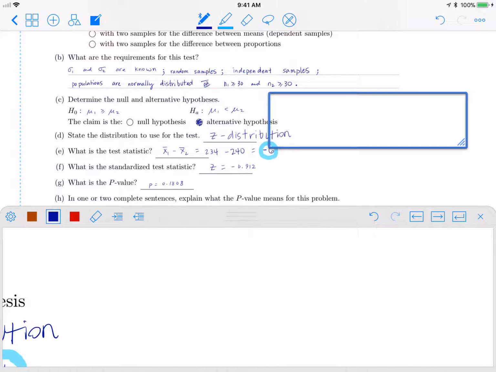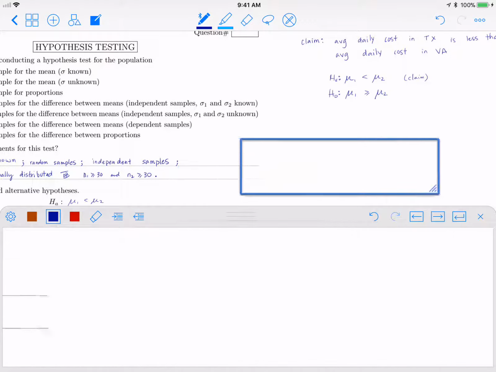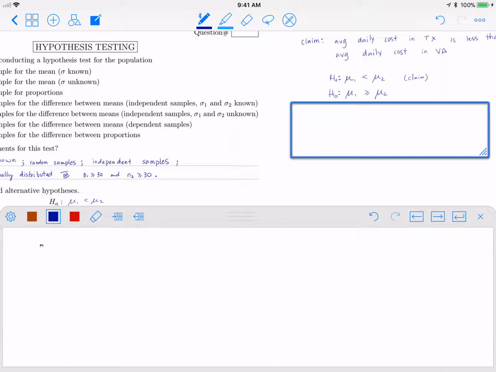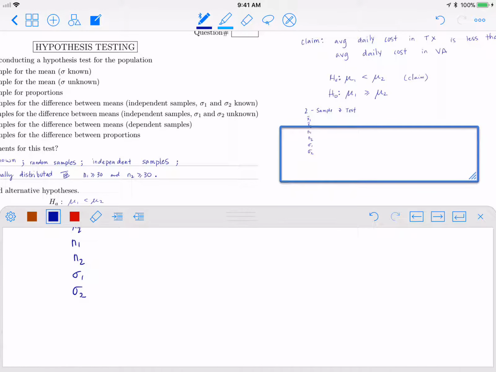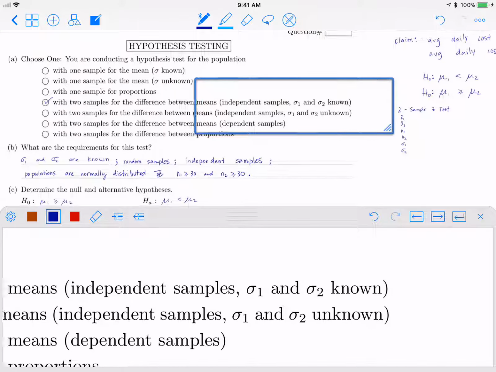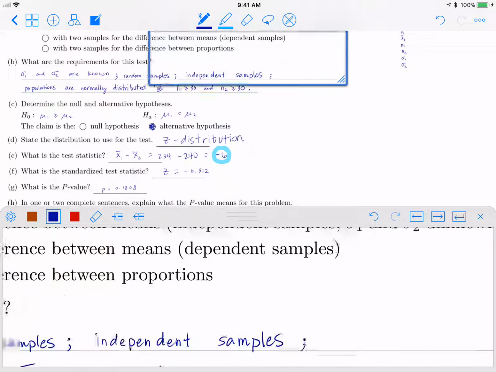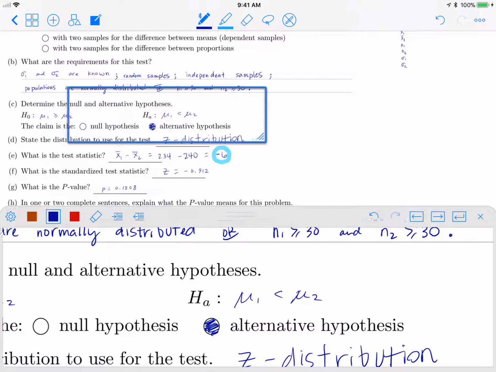0.1808. So in your calculator, you've done your two sample z-test. You've input x1 bar, x2 bar, n1, n2, sigma 1, sigma 2, and the last thing you need to put in is what type of test you are doing.